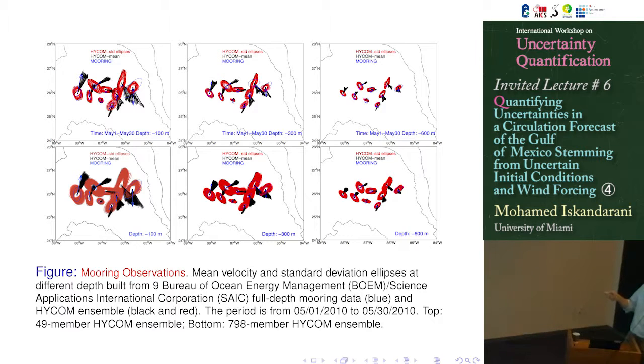It looks like on this one mooring, the 49-member ensemble seems to be underestimating the variability that was measured by the mooring, but when we add in the other members, they seem to inflate the variance in the ensemble. We're in the right ballpark, at least there. We did a decent job of capturing the uncertainties of the day.